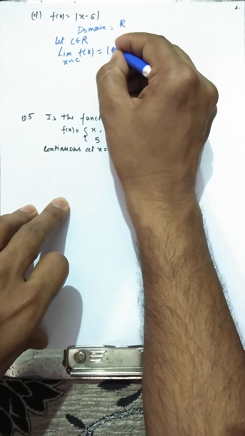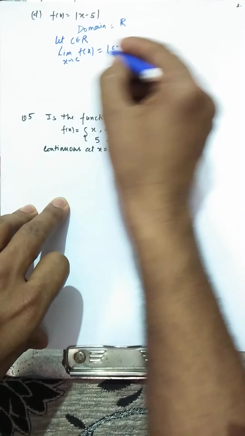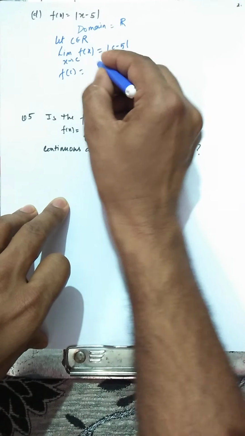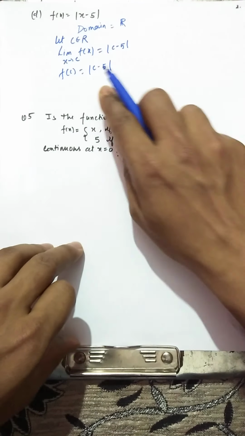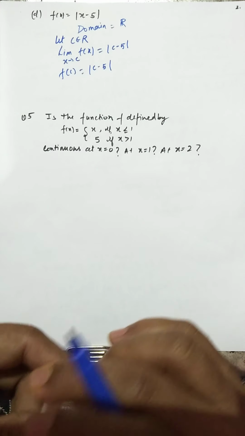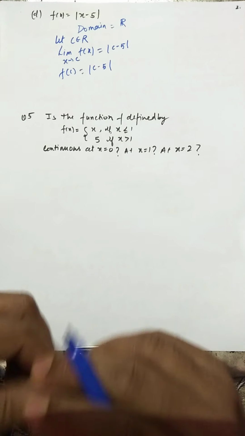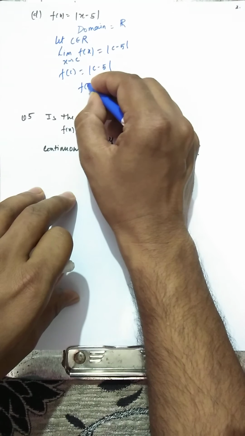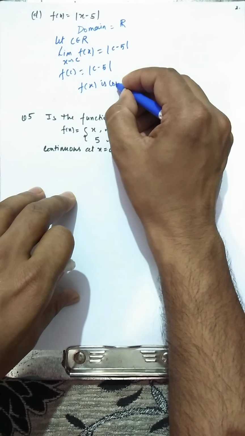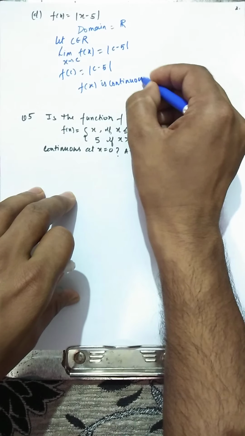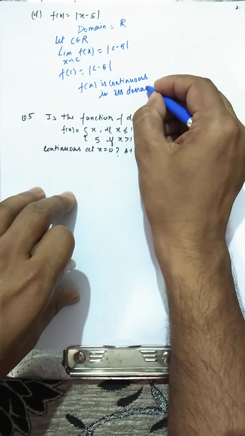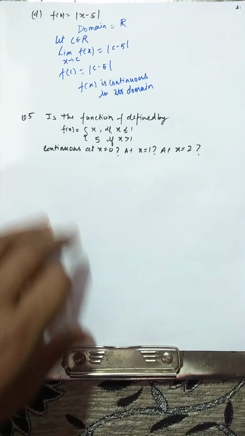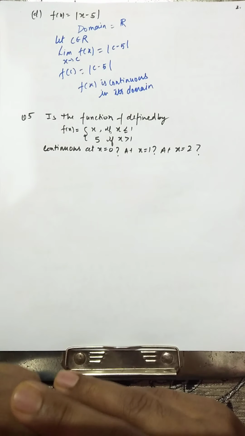That will become modulus C minus 5, and f(C) will also be modulus C minus 5. So you see that both values are coming the same. Whatever the value of C you might take, these two values will remain the same. So it means that f is continuous in its domain. This is how you can discuss all these problems.